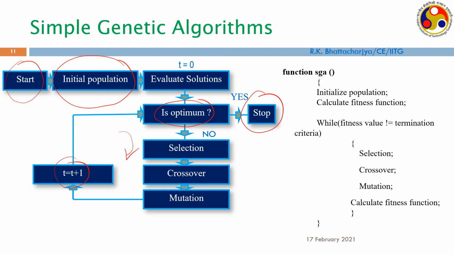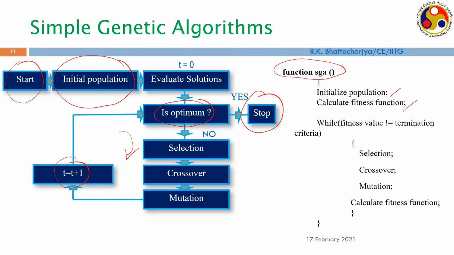Now I'm giving you the pseudocode here. Function SGA. What is SGA? Simple genetic algorithm. If I write the pseudocode, basically you initiate the population and calculate the fitness function.